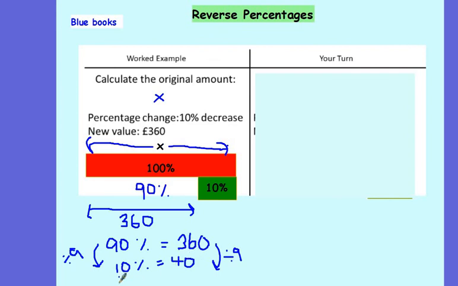And if I know that 10% is 40, I can just multiply that by 10 to find out what 100% is. So what's 100% of x going to be for me? Lily May? 400, lovely. So my original amount, x, is 400.